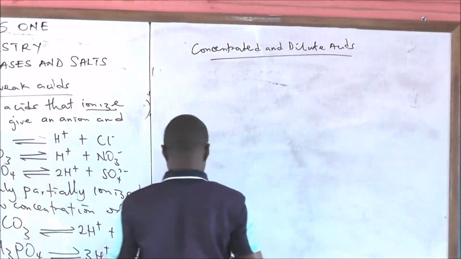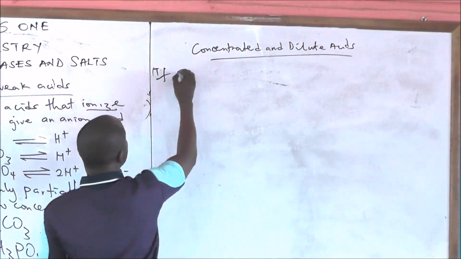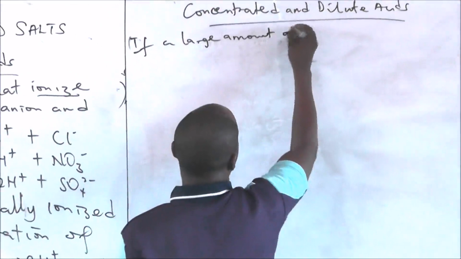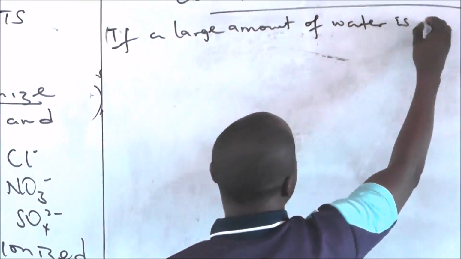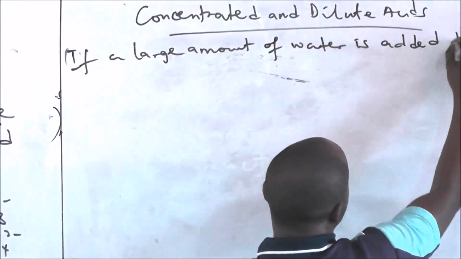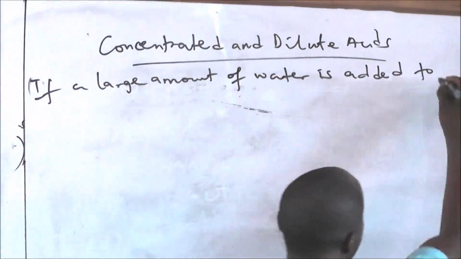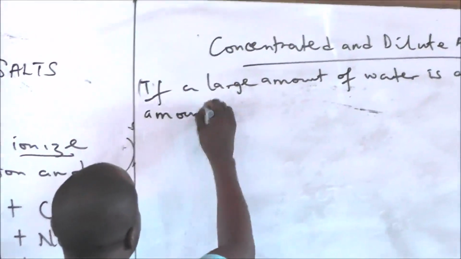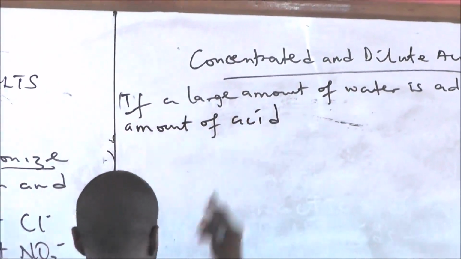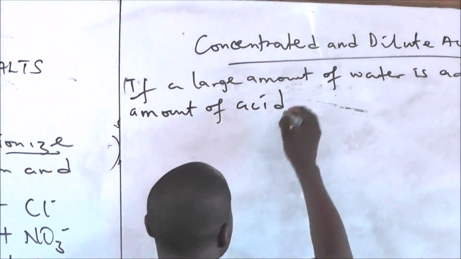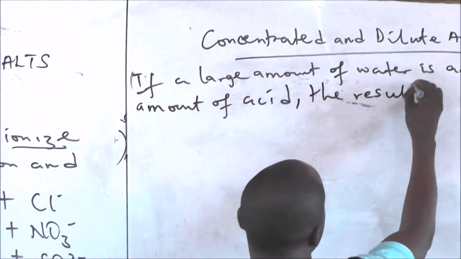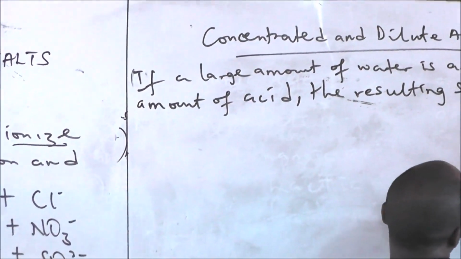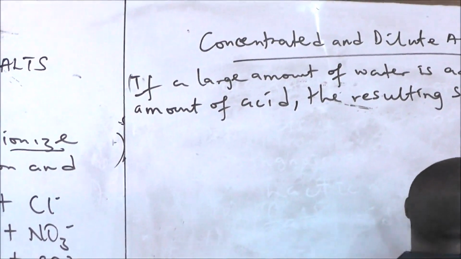So, like I said, if a large amount of water is added to a small amount of acid, the resulting solution is a dilute acid.